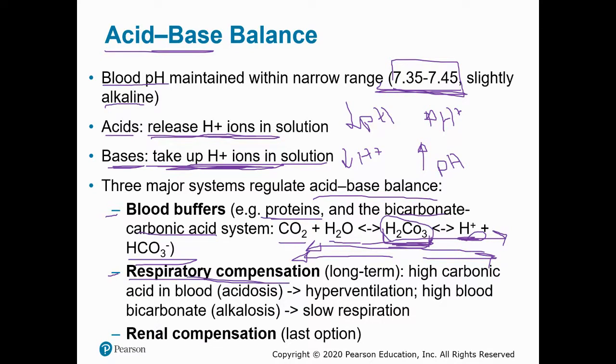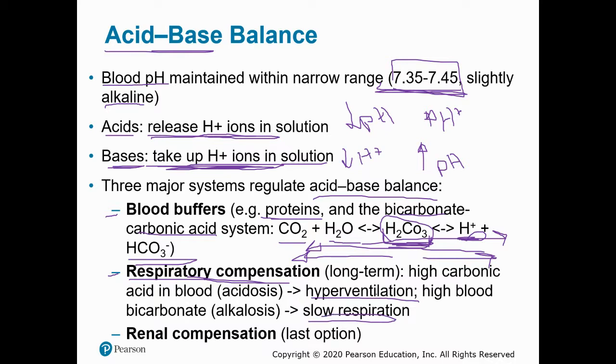Then there's also respiratory compensation, basically how our respiratory system, our blood and our lungs, will work together to manage acid-base balance. The respiratory system can either hyperventilate, meaning very fast respiration, or it can slow down respiration.